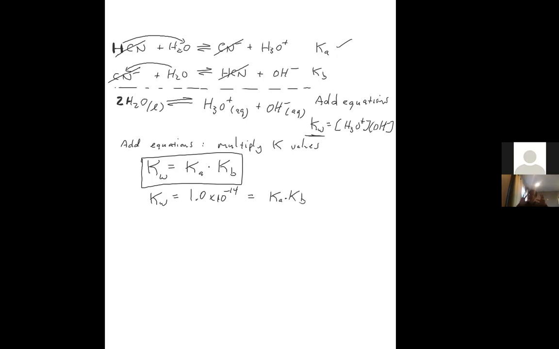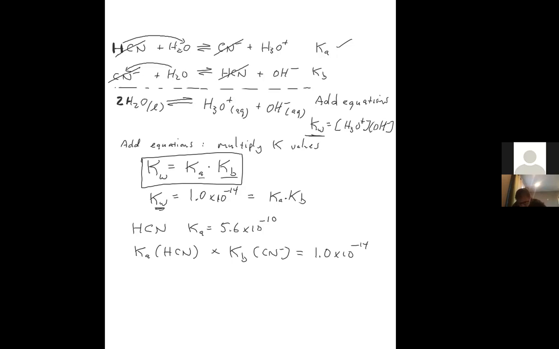And this gives us a really nice way of figuring out the value of Kb for a conjugate base if we know the value of Ka for the weak acid. So if I say, hey, HCN has a Ka of 5.6 times 10 to the negative 10, then what I can say is the Ka for HCN times Kb for CN minus has got to be equal to 1 times 10 to the minus 14, Kw, right?